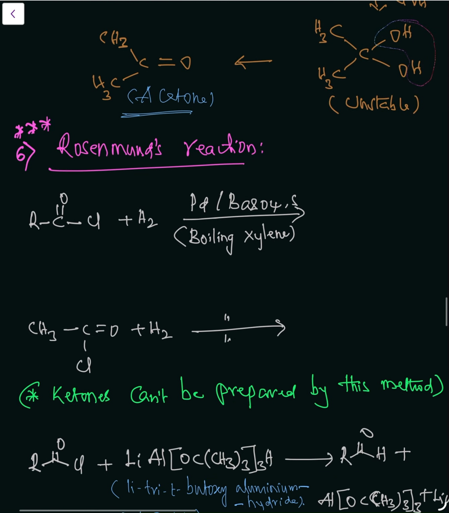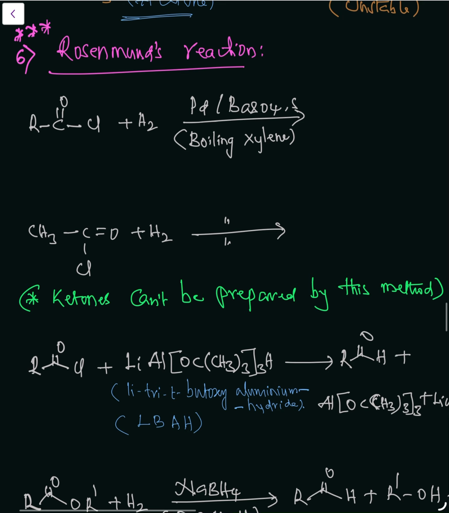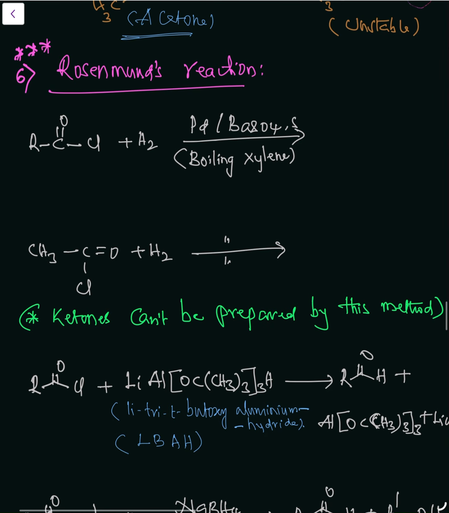Next, Rosenmund reaction, a very important reaction. In this Rosenmund reaction, acid chloride reacts with hydrogen in the presence of Pd-BaSO4 and sulfur, in boiling xylene also.